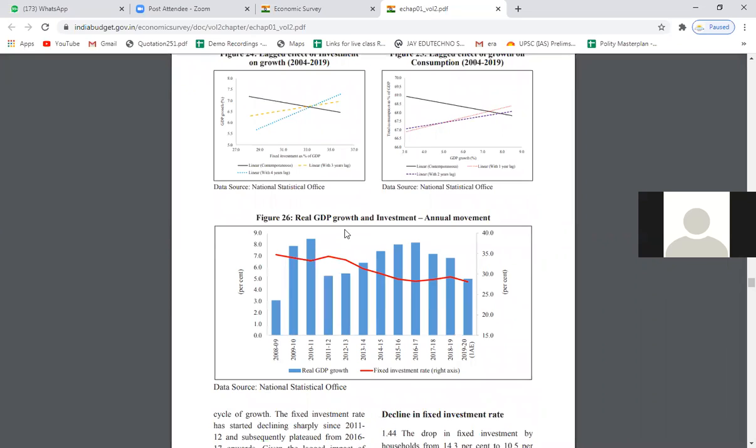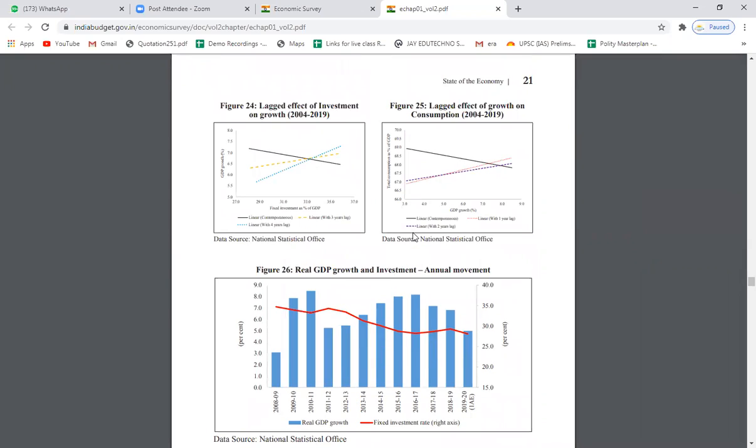So real GDP and growth investment. Real GDP and the percentage of investment is also explained. Sometimes questions have been asked whether the investment rate compared to real GDP, like the investment-GDP ratio, is increasing or decreasing. That statement is also given, so you need to see here.